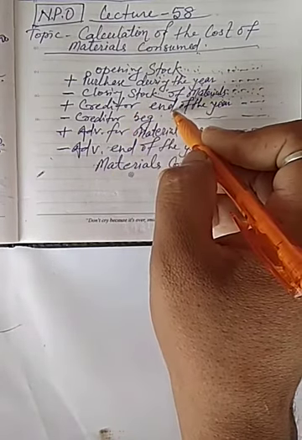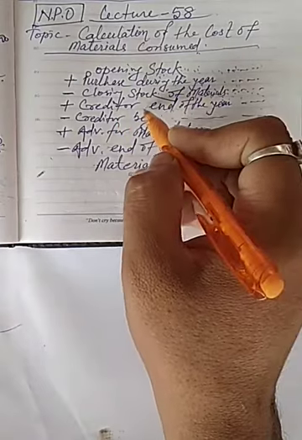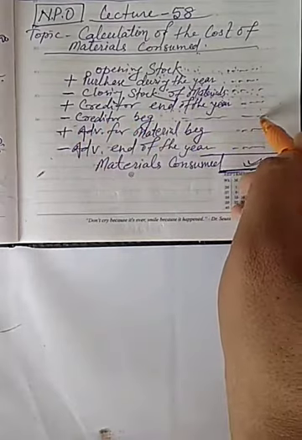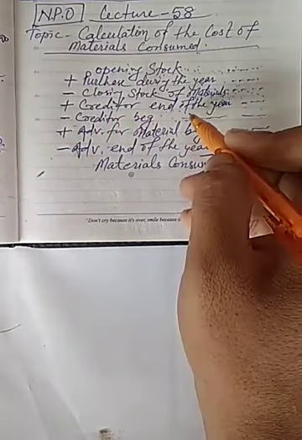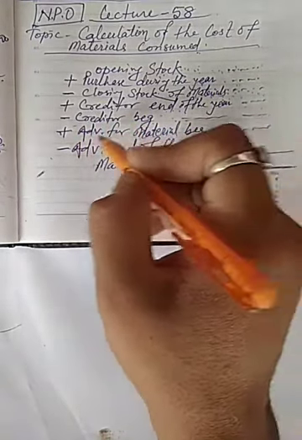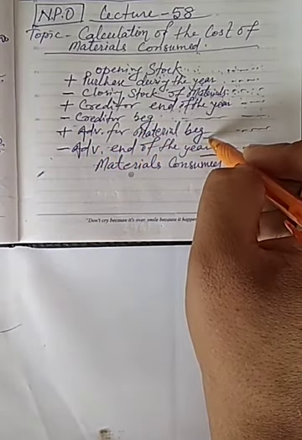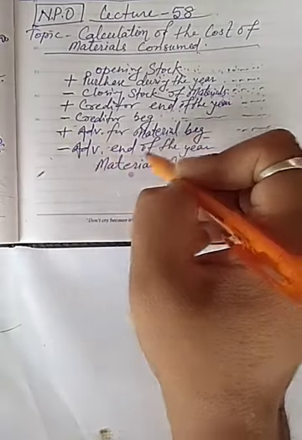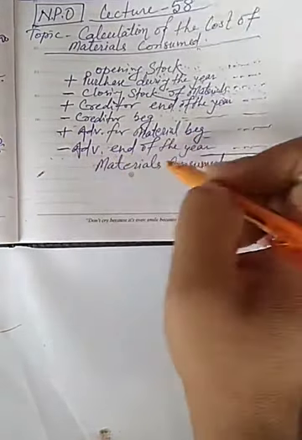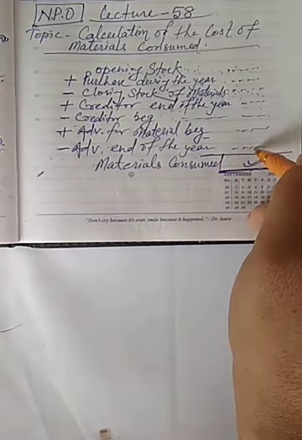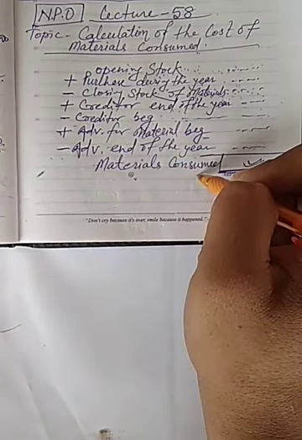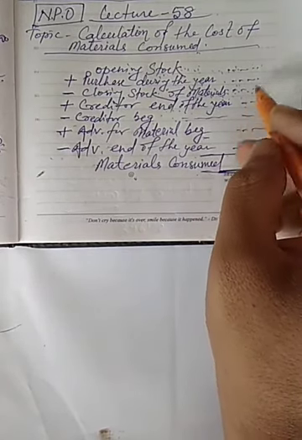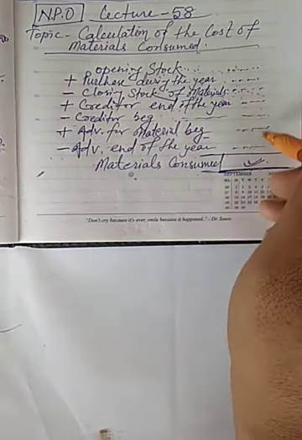Same I will do: creditor outstanding end, add; creditor beginning of the year, less; and just opposite, advance for material beginning will be added, and advance end of the year will be deducted. Then I will calculate material consumed. So this is the format.